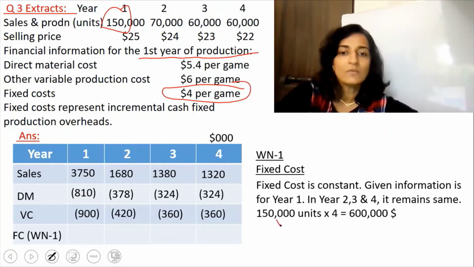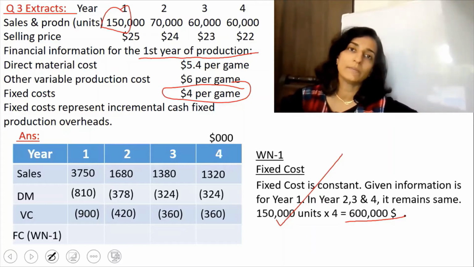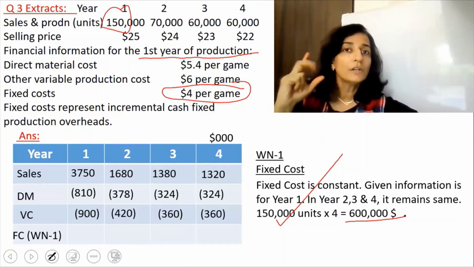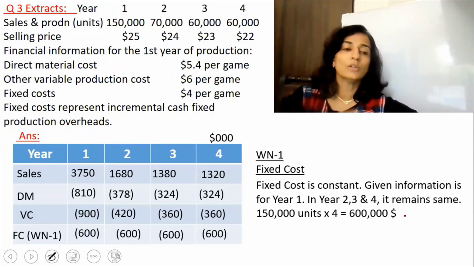That is why I've indicated 150,000 into 4, which means that the fixed cost amount is $600,000. And that is not only for year 1, it continues for years 2, 3 and 4. So the fixed cost amount remains constant for all the 4 years. So I'm going to write here 600,000 for all the 4 years.